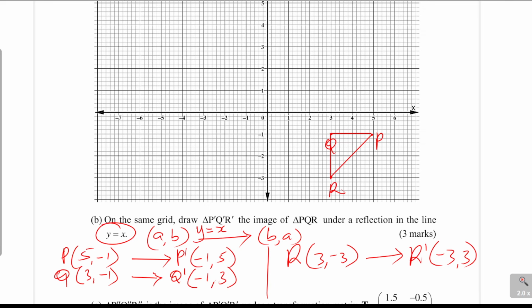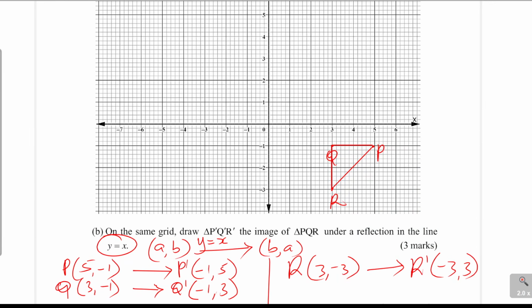So after doing that, you're supposed to draw it. We start with P prime, (-1, 5). So (-1, 5). That is why you have P prime. And then the other one, Q prime, is (-1, 3).